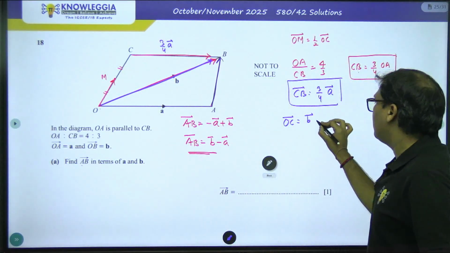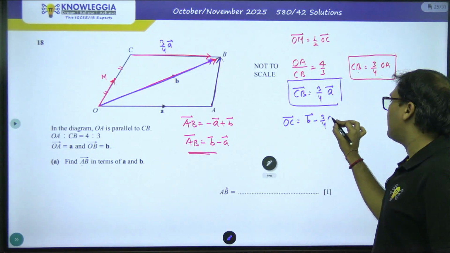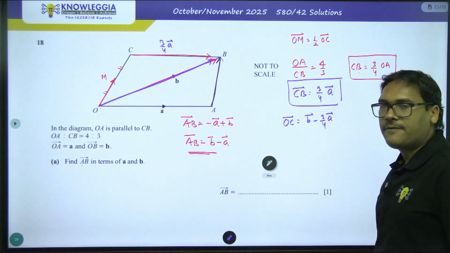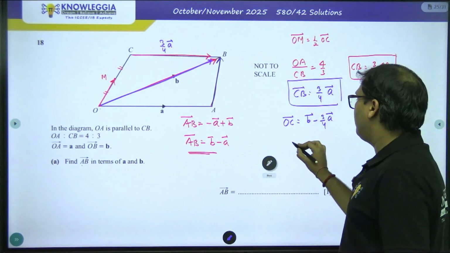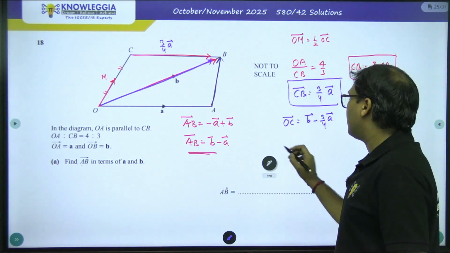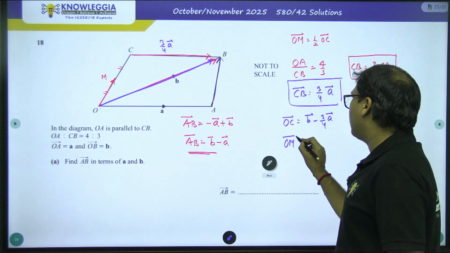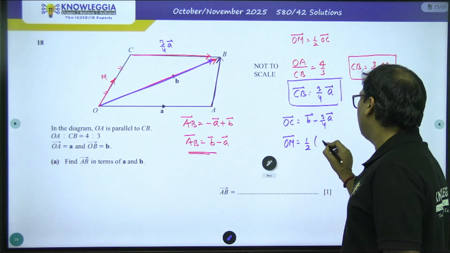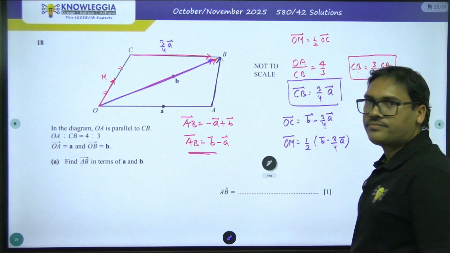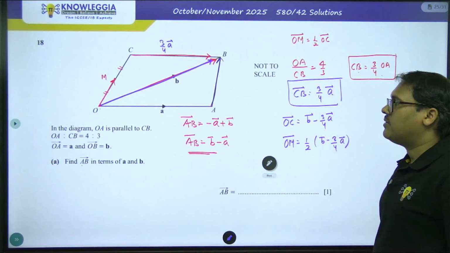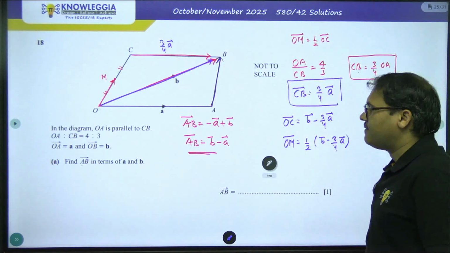So this is our OC vector. Now, if this is OC vector, what is OM vector? OM vector is equal to 1 by 2 of B vector minus 3 by 4 A vector. So this is the OM vector. I hope this is clear.